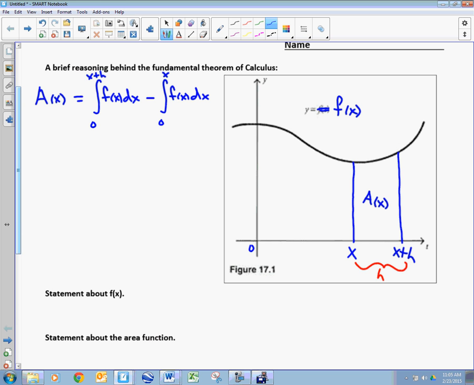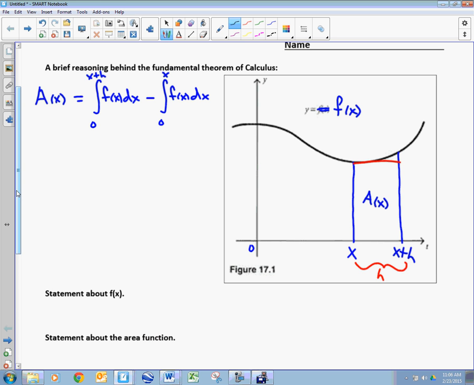All right. Now, okay, now I'm going to draw a rectangle. Would you agree that the area of that rectangle is approximately equal to A of x?